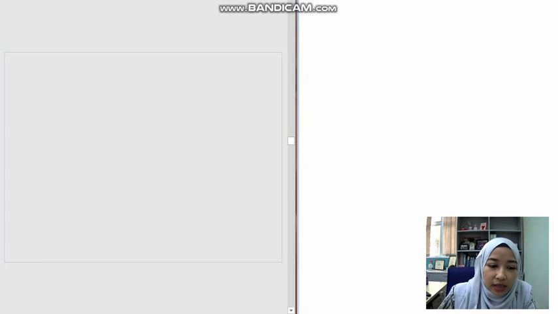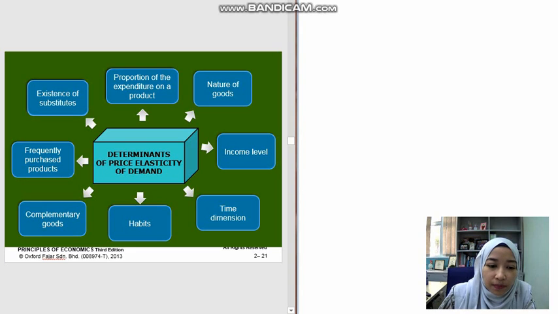Okay, next is complementary goods. Complementary goods, if you still remember, are the goods that usually come together. You need, for example, product A in order to use product B. The easy example I can use here is ink and printer.